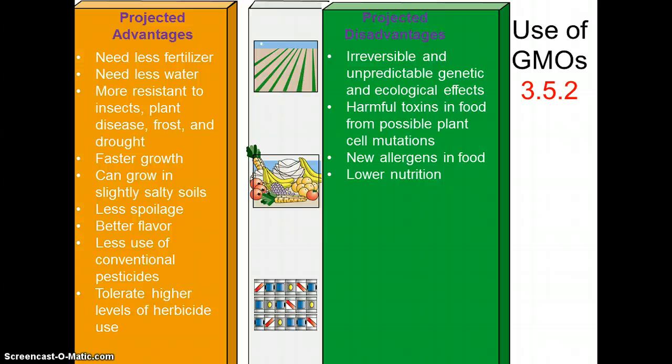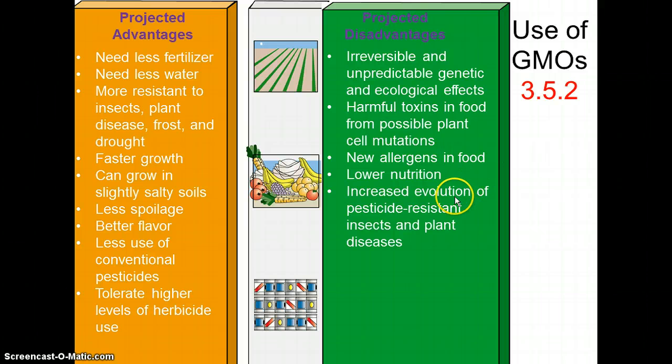They might have lower nutrition content, as we're trying to get all these other things as more important potentially for growing the plants bigger, faster, stronger. We might also increase the resistance to pesticides within these plants for the insects and other diseases.